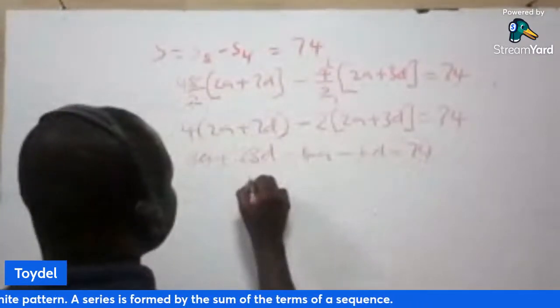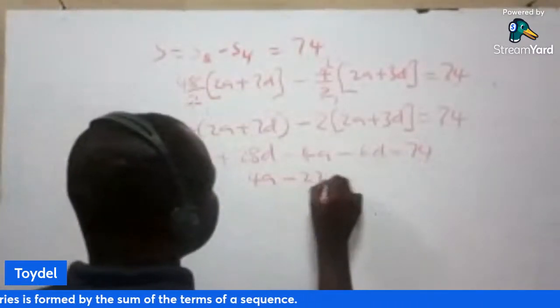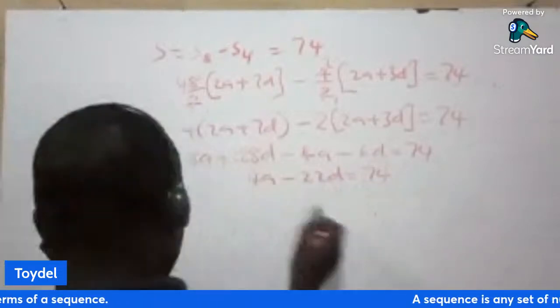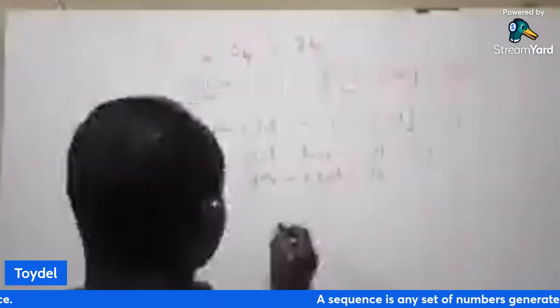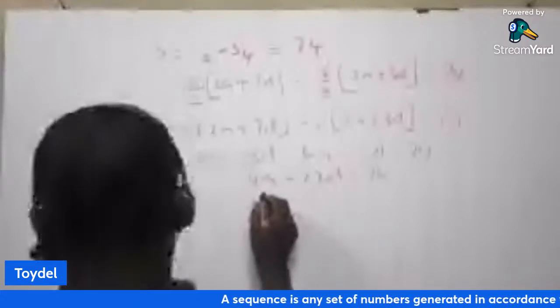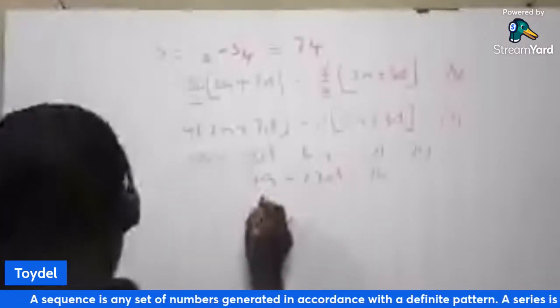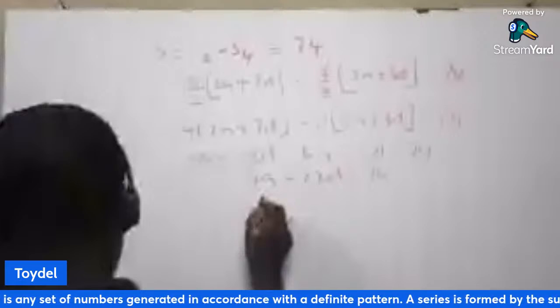So here I'm going to have 4a plus 22d is equal to 74. And of course, we can divide through by 2, so that we get equation 2.